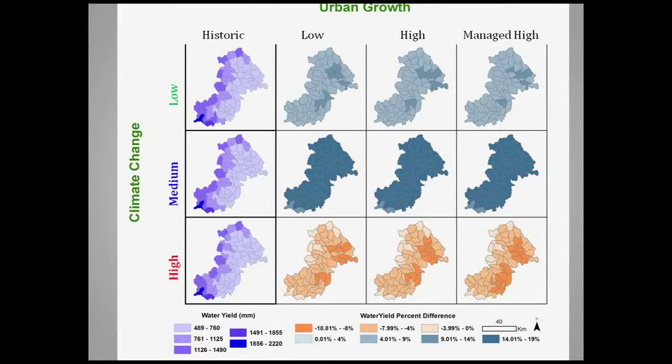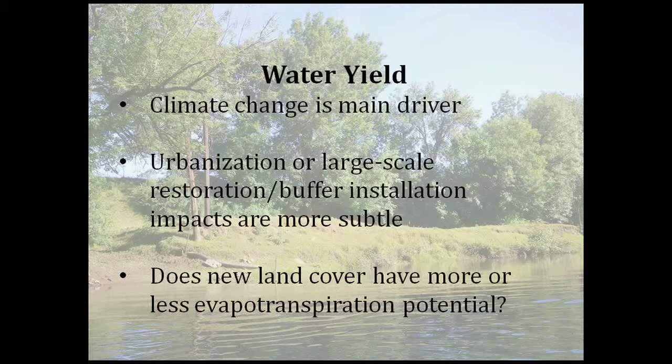It turns out the medium scenario, which is the MIROC5 model, at least at this annual scale, is predicting higher water yield. And our high scenario is predicting across-the-board reductions. So climate change is the main driver there.